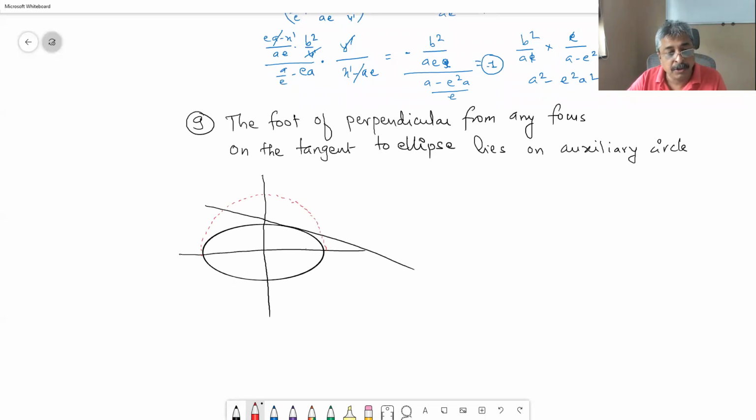Then what is expected in this theorem is that from focus, if you draw perpendicular, this is 90, and from the other focus, if you draw perpendicular, this is a bad drawing, but it is supposed to be 90 as well.